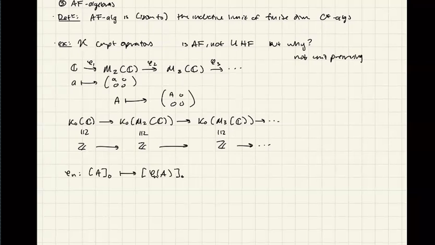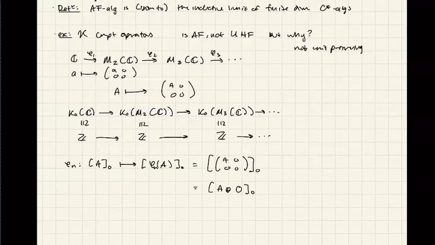So let's apply phi n to this map. This sends this to A, 0, 0, 0, and we look at the K0 class of that. So just like last time, this is the direct sum of two projections. And this is how we add our K0 classes.